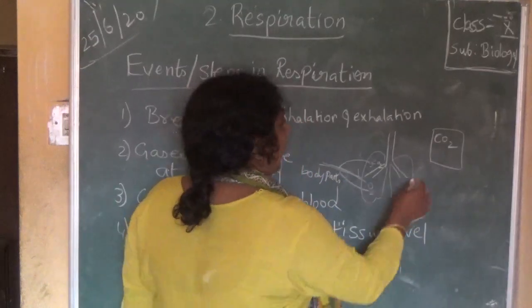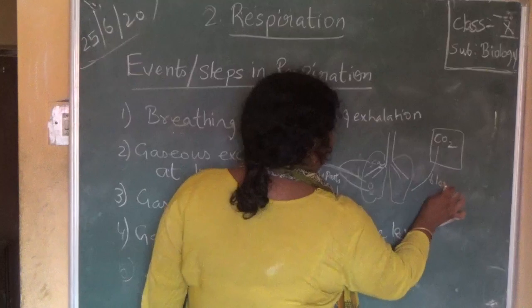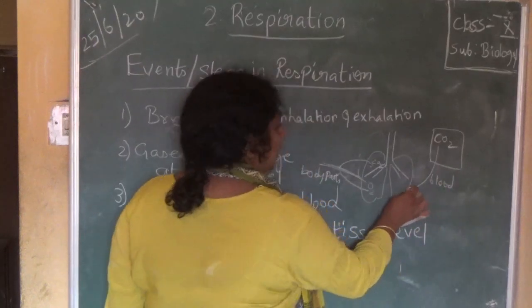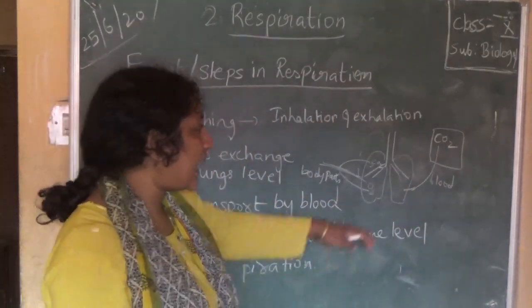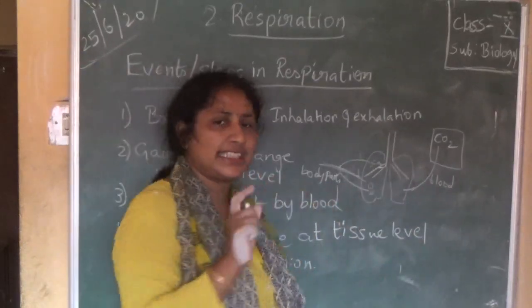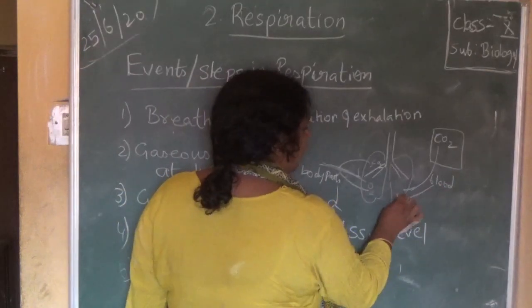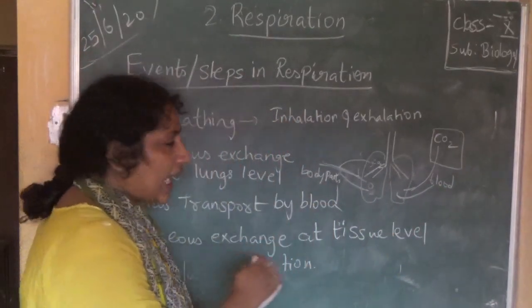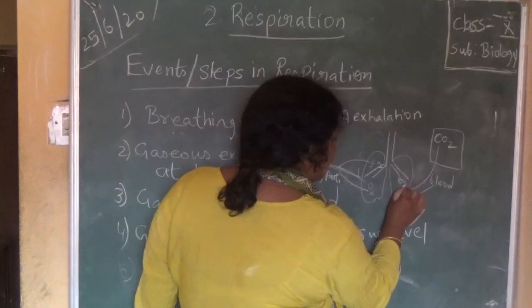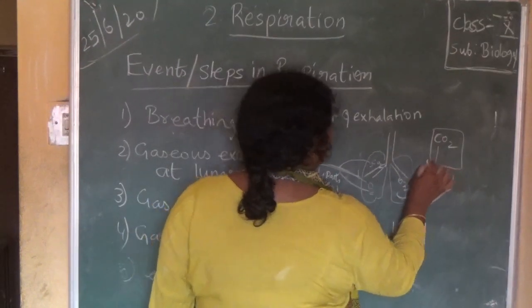This carbon dioxide is carried by the blood to the lungs. The lungs are filled with air, and this air consists of oxygen. So the blood will give its carbon dioxide to the lungs, take the oxygen present in the lungs, and go and give it to the cells.